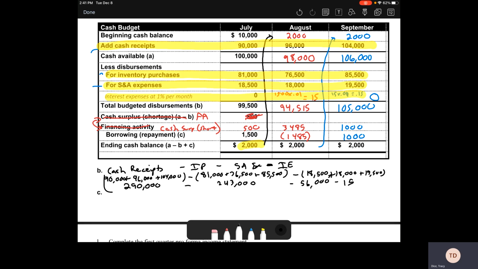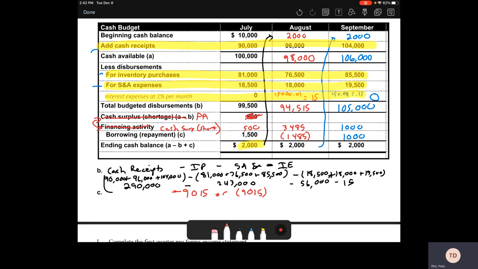All right, so when we do all of that, we take 290,000, subtract our 243,000, subtract the 56,000, and subtract your $15, you should end up with a net cash flow of negative $9,015. So you can either put it that way or you can put it this way.